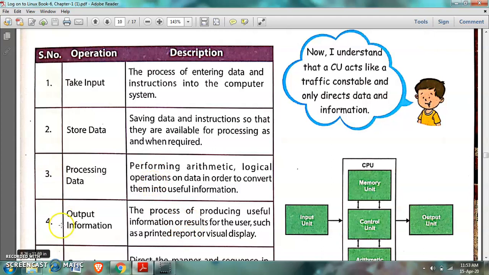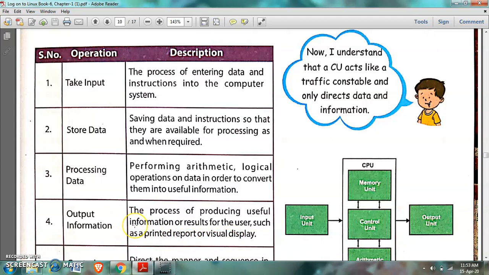Now come to the fourth part, very important: output information, which means to give the result. It is the process of producing useful information or results for the user, such as a printed report or visual display.